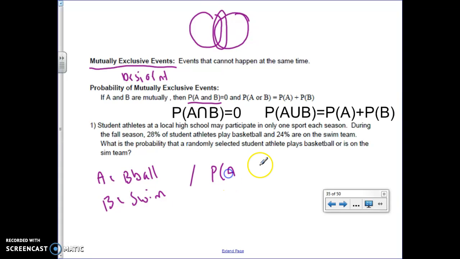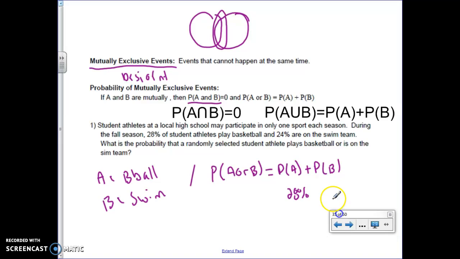So probability of A or B is going to equal the probability of A plus the probability of B. In this case, I'm just taking 28% and adding 24%. So the probability of A or B happening is 52%.